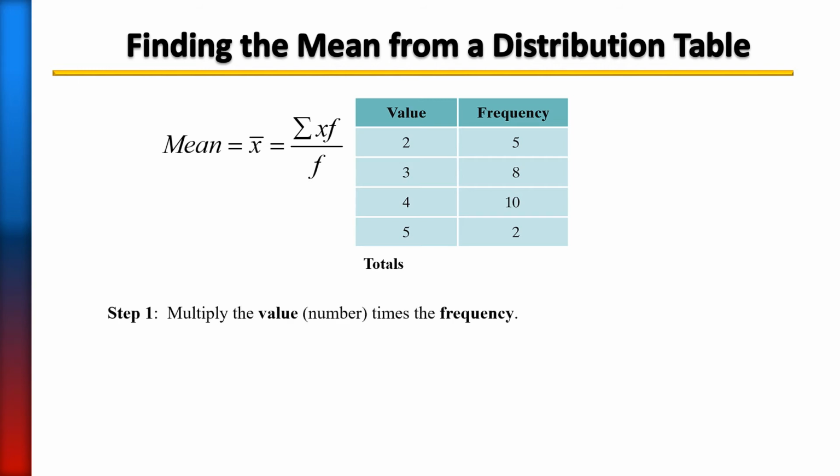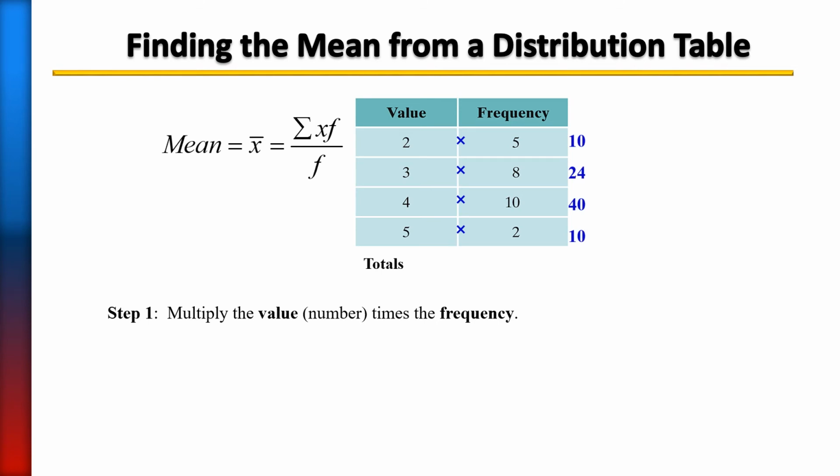Step one is, again, to multiply each number, the value times the frequency. So 2 times 5 is going to give me 10. 3 times 8, 24. 4 times 10, 40. 5 times 2 is 10.